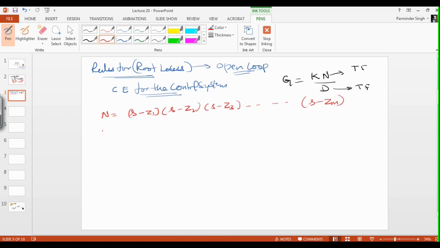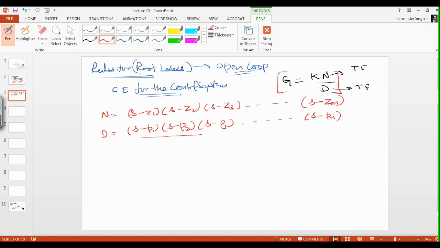Clear? And in the denominator we have terms like s minus p1, s minus p2, s minus p3 till, let's say, s minus pn. Clear? Now what are z1, z2, z3 and what are p1, p2, p3? I'll let you know in just a minute. Just remember that these are terms appearing in the numerator and these are terms appearing in the denominator of our open loop transfer function.